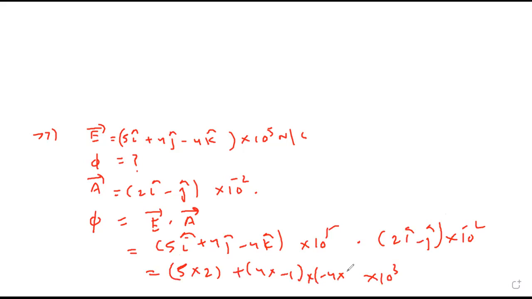Correct or not? Correct, sir. So this becomes 10 minus 4 into 10 raised to 3. That means 6 into 10 raised to 3 Newton meter square per coulomb. Option D.